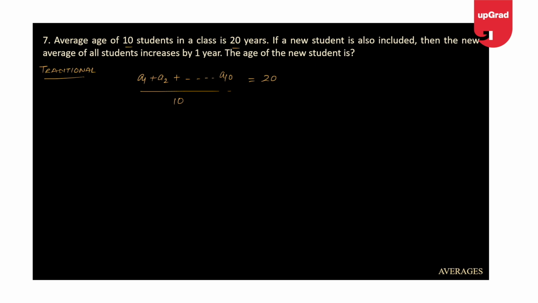Now, let's assume that a new student joins. So other than these 10 people, there is the 11th guy who has joined, and now the average increases by 1 year. So I have to figure out what A11 is in this question.